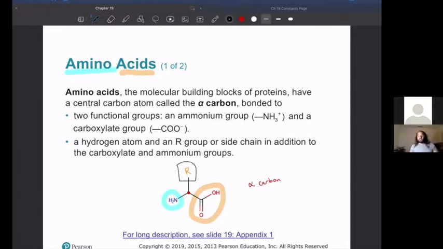This is what differentiates all those different amino acids: the identity of the R group. Is it a methyl group? Is it an ethyl group? Is it something more complicated like a thiol group, et cetera? The thing that differentiates these various amino acids is the identity of what that R group off of the alpha carbon is.